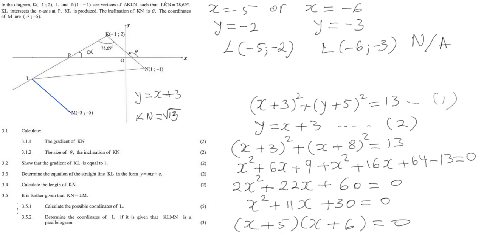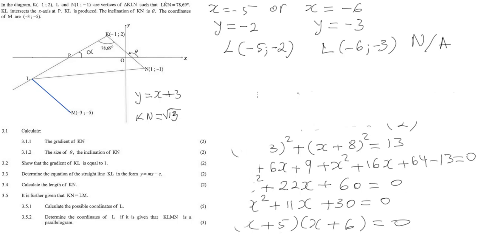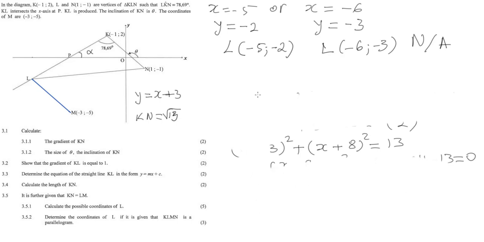So this is question 5.3.5.1. Now, the last question says, determine the coordinate of L if it's given that KLMN is a parallelogram.